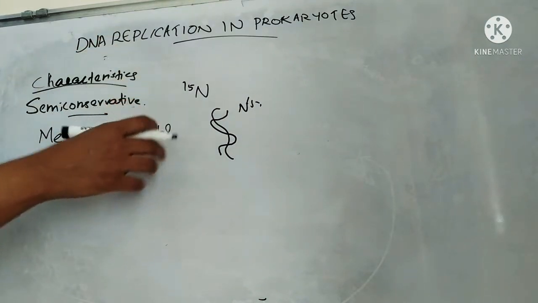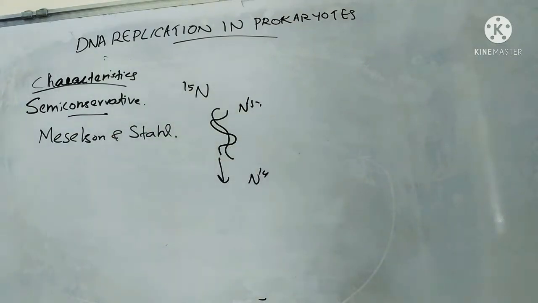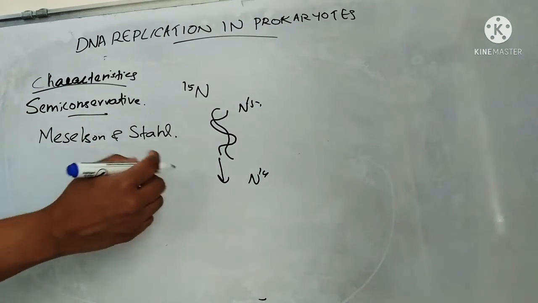Then these cells were allowed to divide in a medium containing N14.